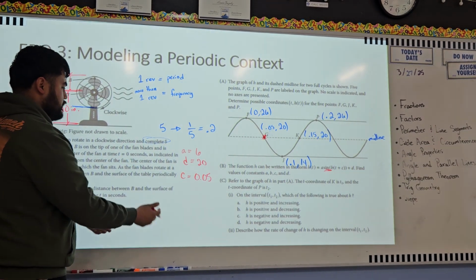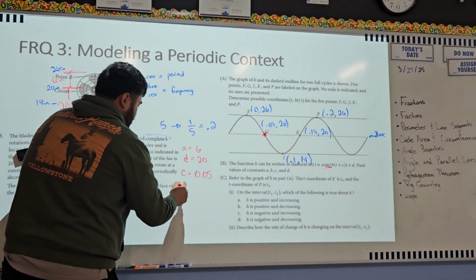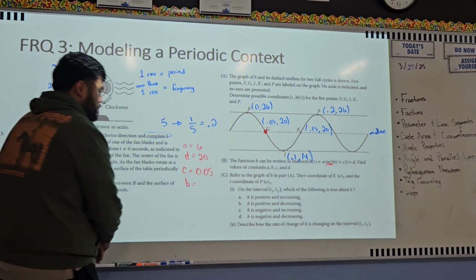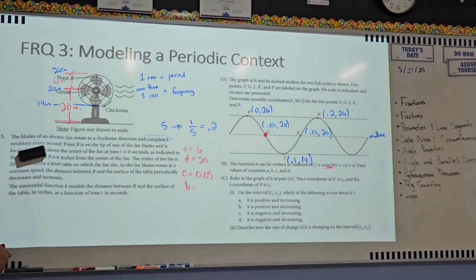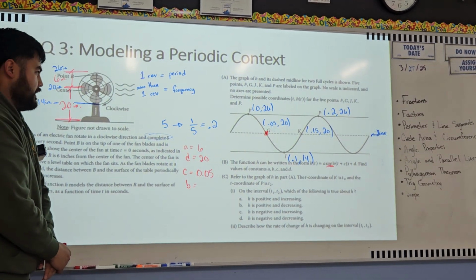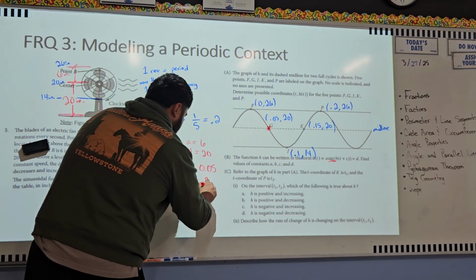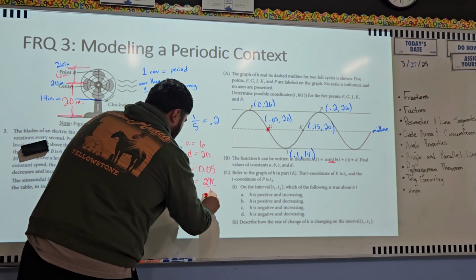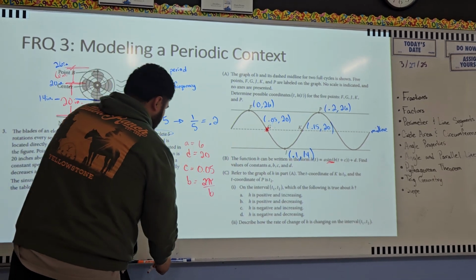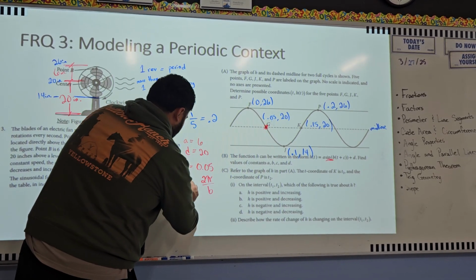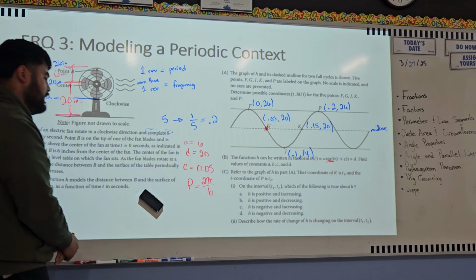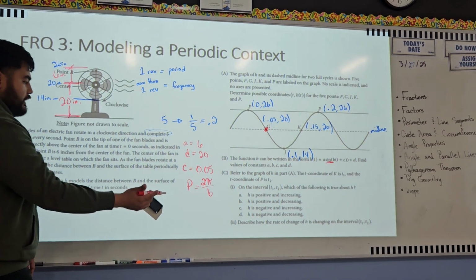What am I missing? A, B, C, D. I'm missing B. What's the actual period? To find the equation, the period equals 2 pi over B. So how do I find B?